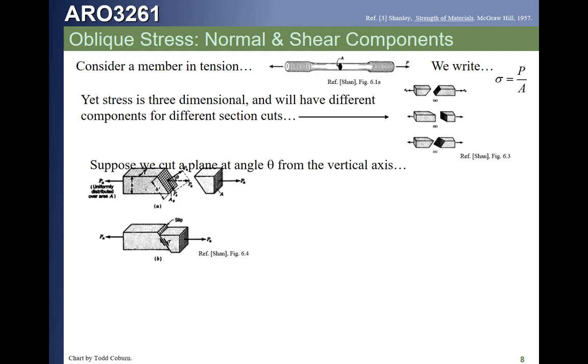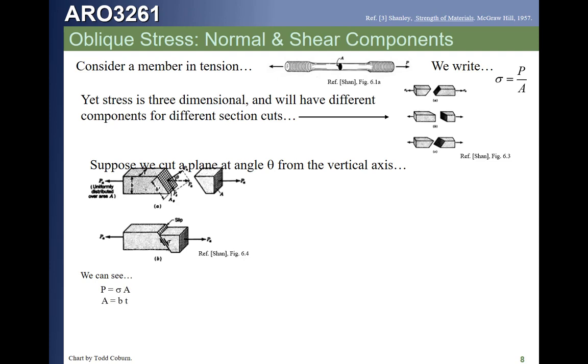That means the force will change, and we can evaluate the change based on simple trig. However, the area also changes. If you look at that length, which was b, the width of the part, it now becomes b prime, and that b prime dimension can also be determined with a trigonometric function.